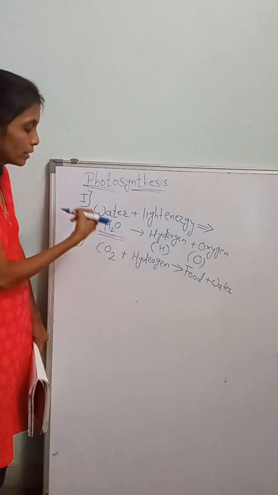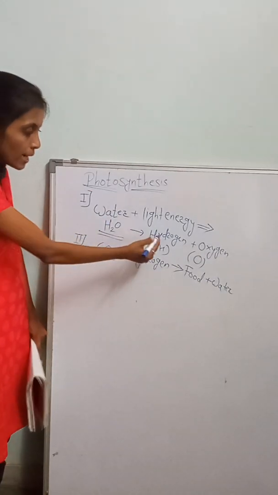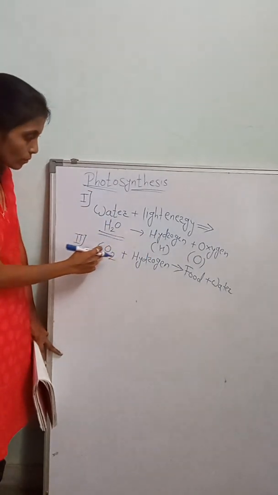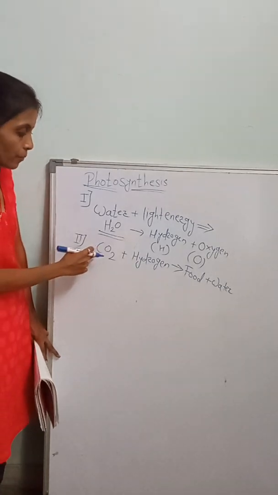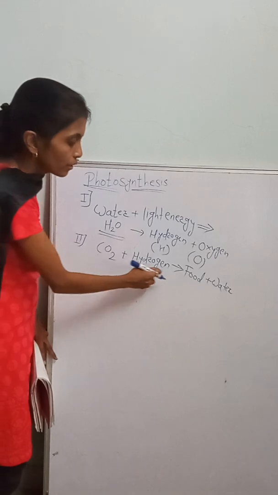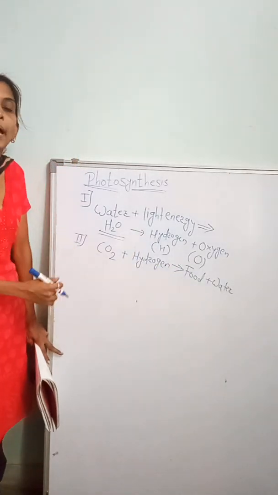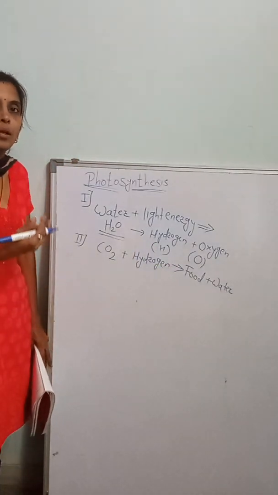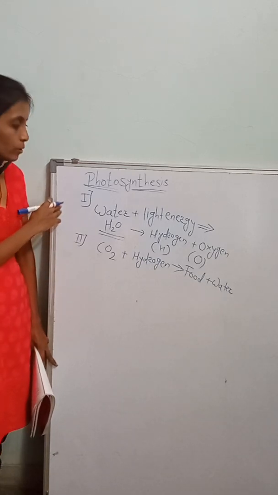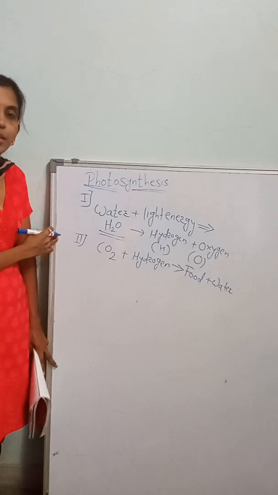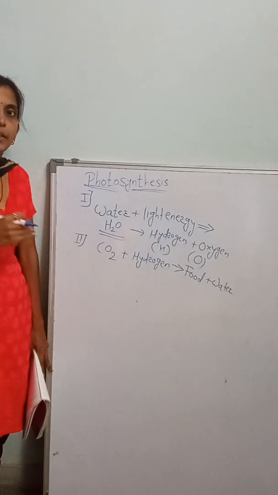In the second stage that hydrogen is combined with the carbon dioxide, and after that it makes the food in the form of glucose. So photosynthesis occurs in this way. Next topic, rusting.